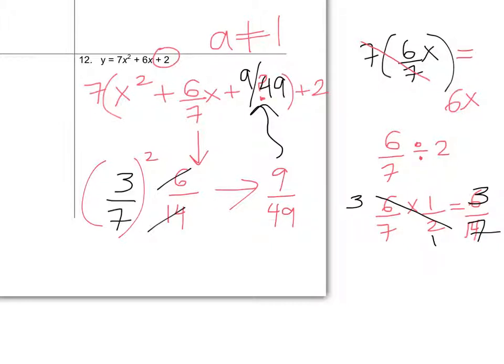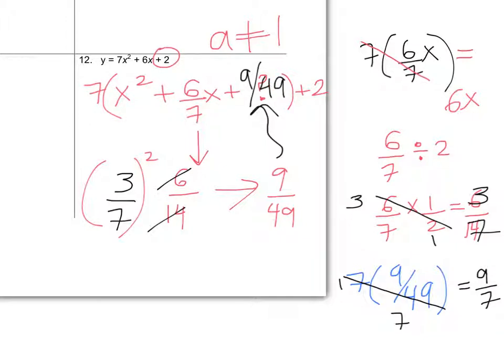Now, by putting 9 over 49 on the inside of the parentheses, you're actually adding what? You're actually adding whatever 7 times 9 over 49 is. Remember cross-canceling? You can cross-cancel 7 and 49, you will end up with a 7 and a 1 over here. So then your final answer would be 9 over 7. This is how much you're actually adding, because when you put 9 over 49 on the inside, you're actually adding 7 times that number.